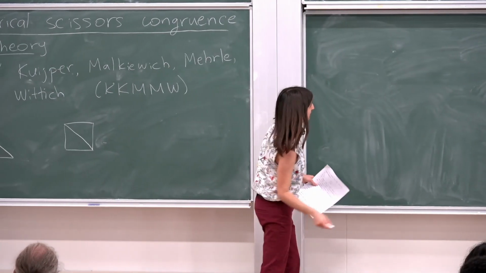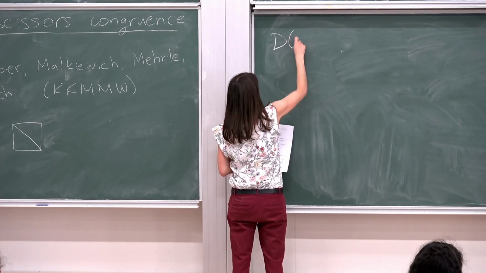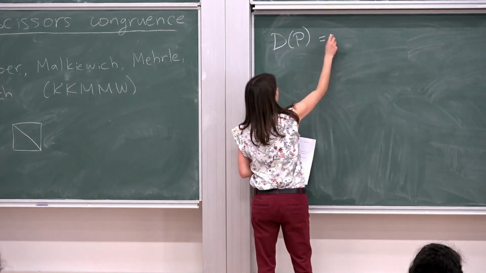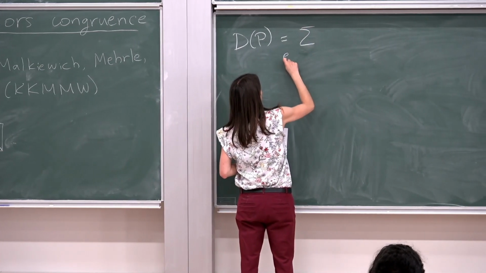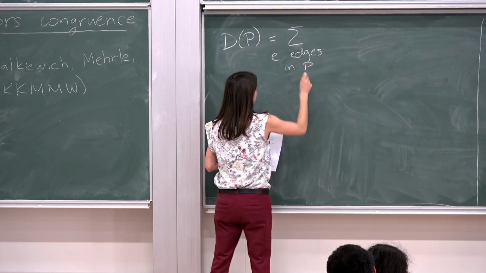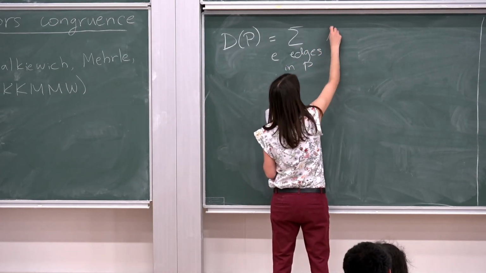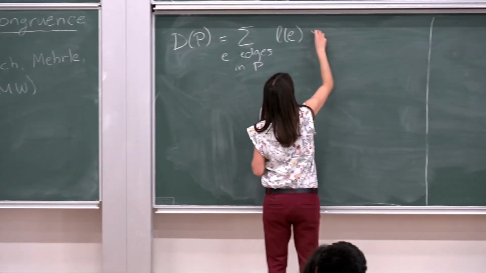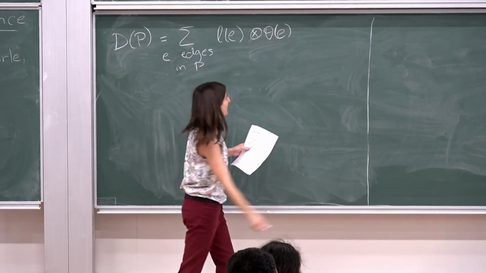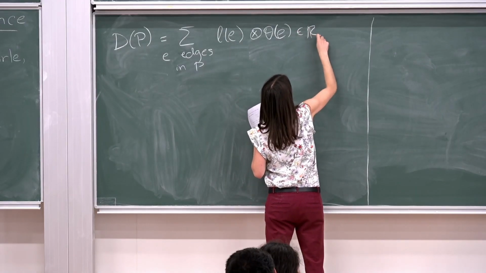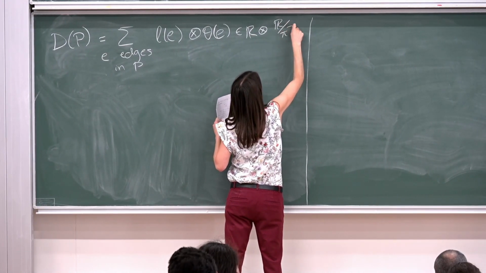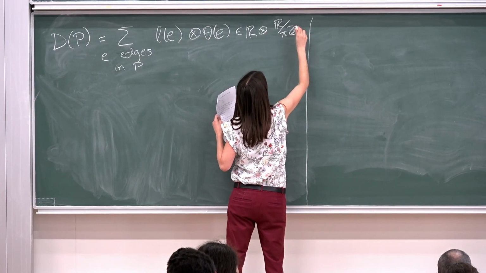The Dehn invariant of a three-dimensional polytope is the sum over edges E in this polytope of the length tensor with the dihedral angle of that edge. This is in R tensor R mod pi times the integers.